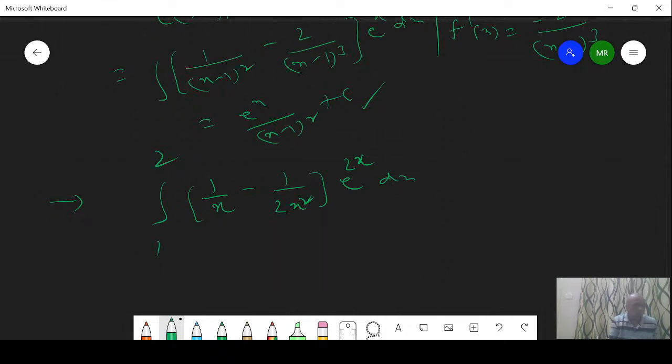But always in the formula you may think about e power x, but this is 2x. To get it here, the variable should be a single variable x.